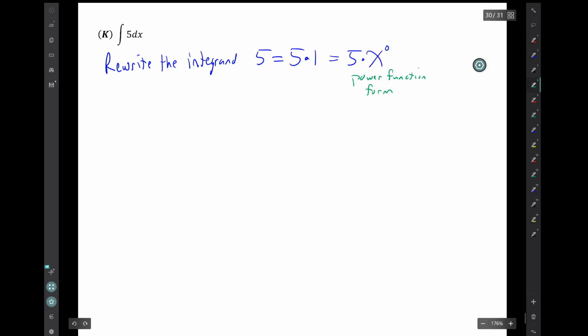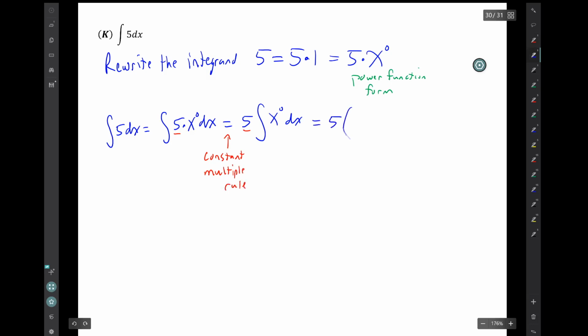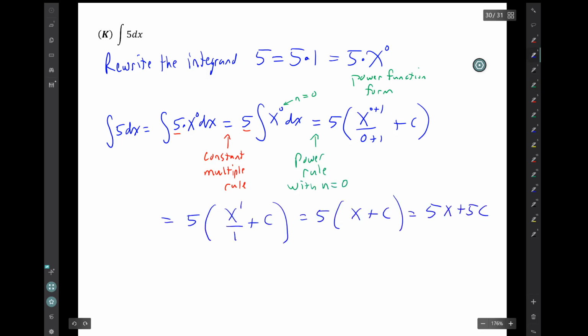So the indefinite integral goes as follows. The result is that the indefinite integral is 5x plus c.